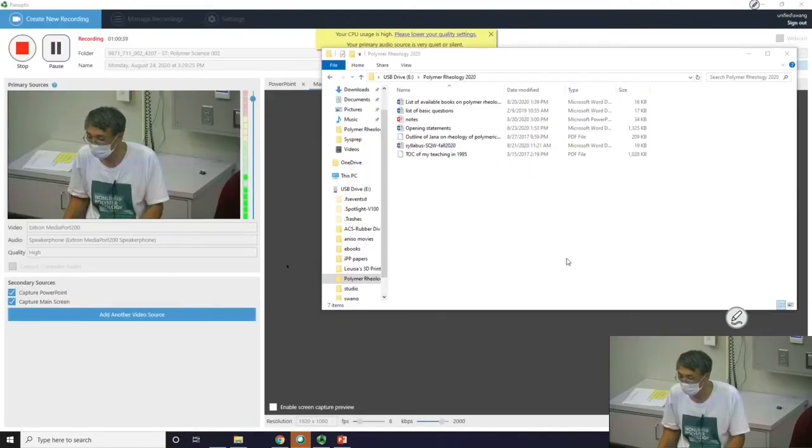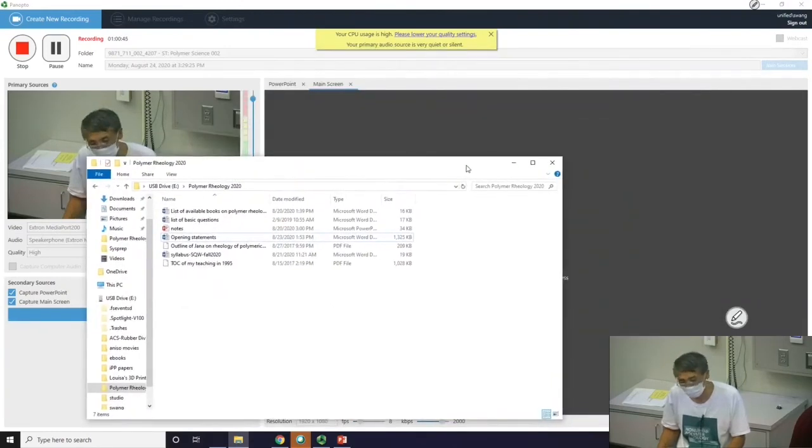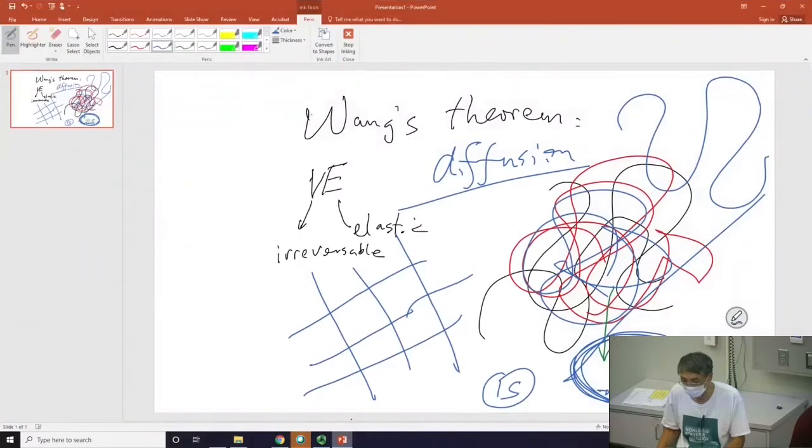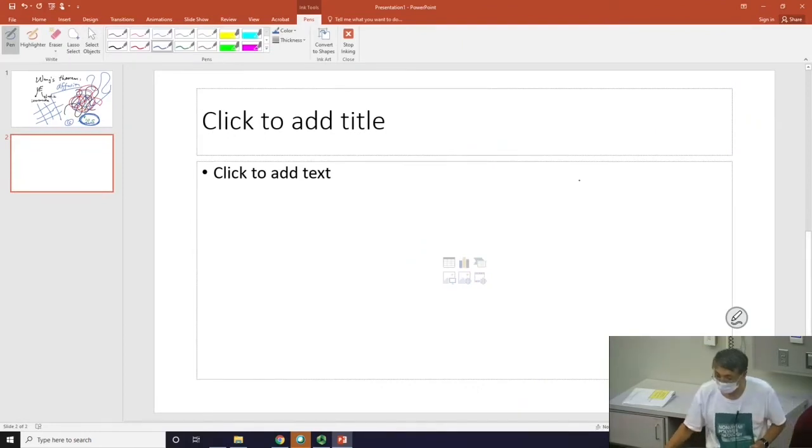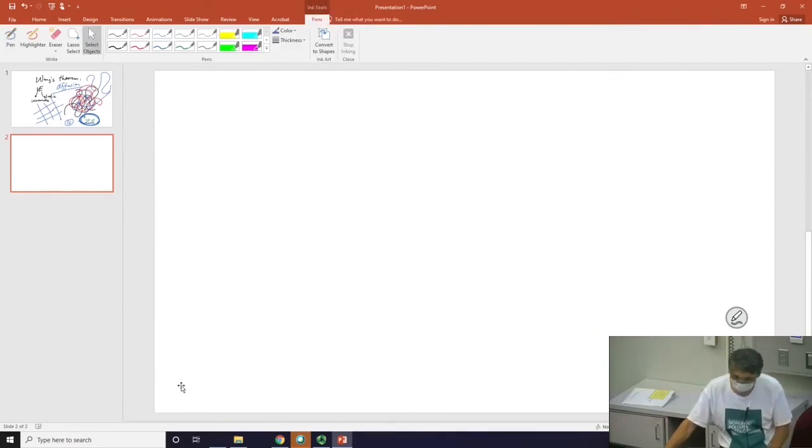For the remaining time, instead of leaving you with something really uncomfortable, I could probably just define the languages for you so that we can take off next time. Which is, for those of you, I know quite a number of you did not take my polymer physics 2, for example.